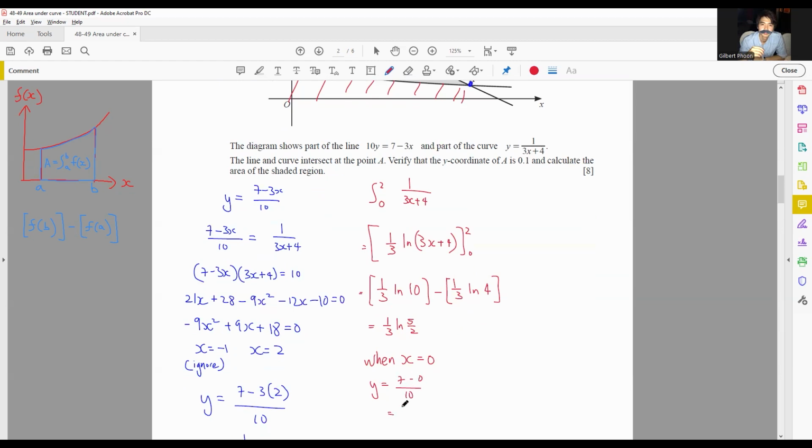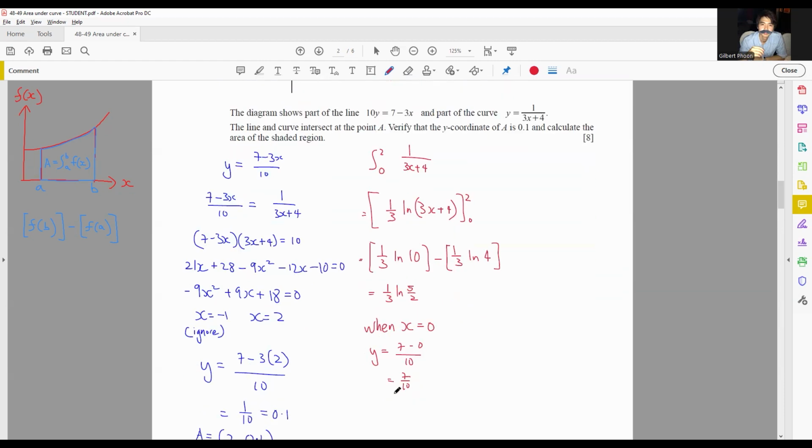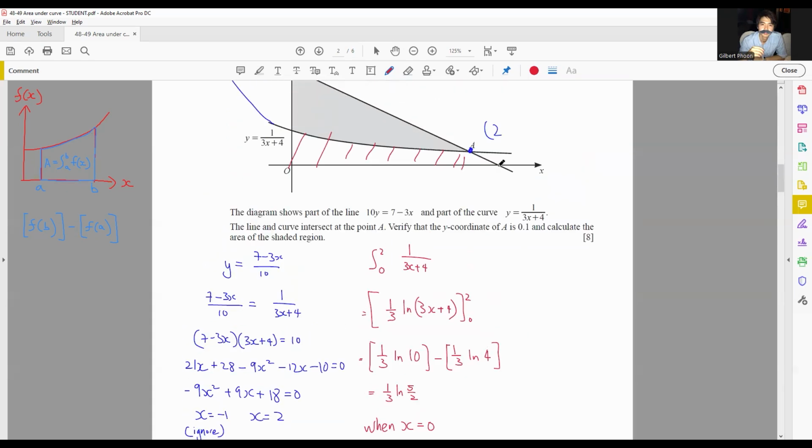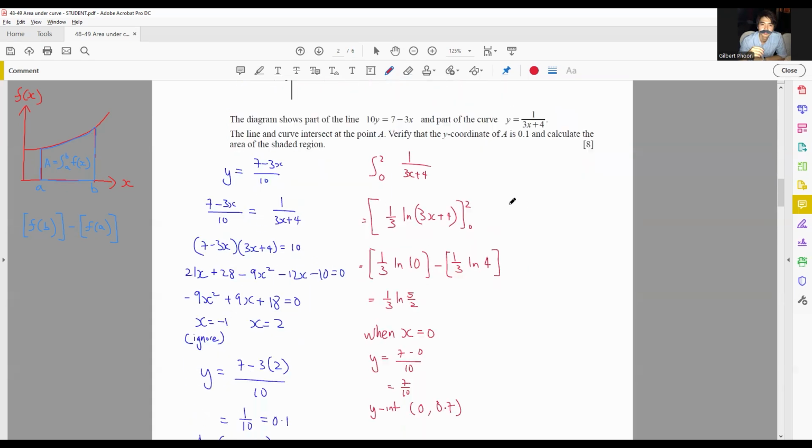Y is equals to 7 over 10. So the coordinate, the y-intercept, is 0, 0.7.